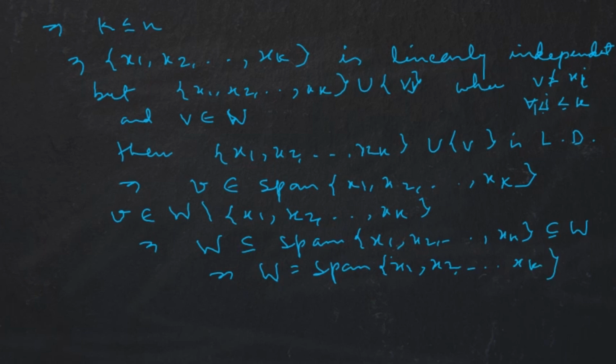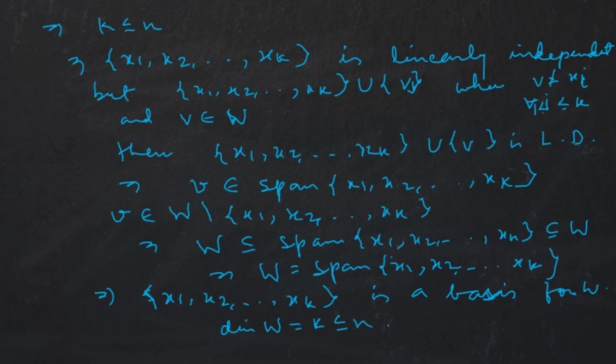So this set is a spanning set of W, and it is linearly independent by our choice, and so this is a basis for W. So this implies the set x1 x2 xk is a basis for W. Now the dimension of W would be k, so this implies dimension of W is equal to k, and k was less than equal to n. So we are done with the first part.